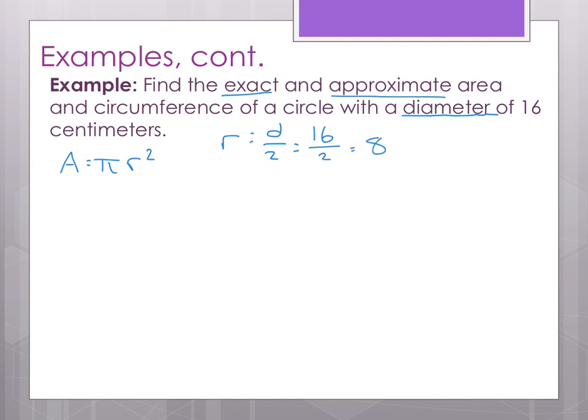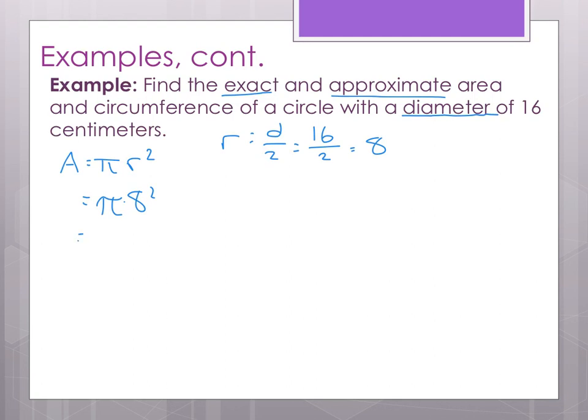So whenever we're given a diameter, we have to divide it by 2 or cut it in half to get the radius so we can find the area. We don't have to do that with circumference because of our other formula, but we do need to do that for area. So now we have pi times 8 squared when we plug in 8 for our radius.